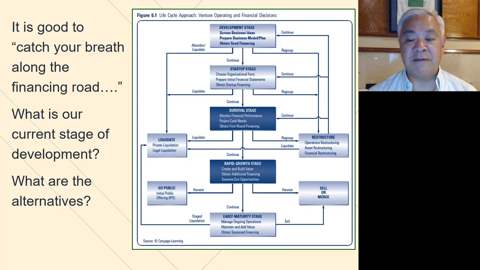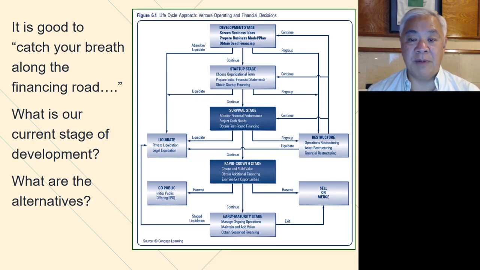Next, we get into survival stage where we're starting to get some sales and we're starting to see the possibilities for the company. Here we have a little bit more to do because we could consider restructuring because there is something there. Next, we go to rapid growth, and here's where you're proving that there is definitely something there as customers adopt the new products or services that you're offering. So here we may have the possibility, in addition to getting out, we can harvest.